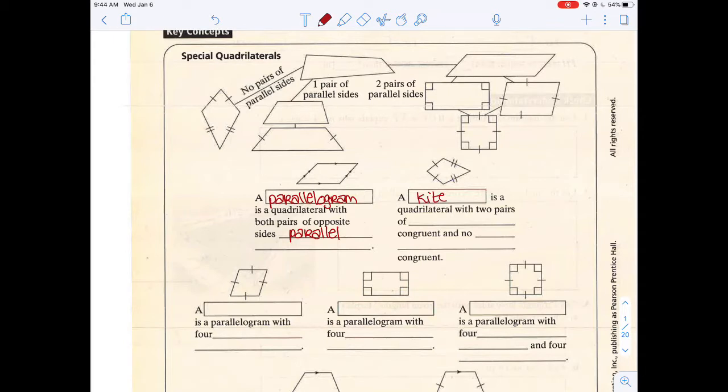A kite is a quadrilateral with two pairs of adjacent sides congruent. So the two sides that touch are congruent. Like here, these two are congruent, these two are congruent. And no opposite sides congruent. So the ones that are across from each other are not congruent.